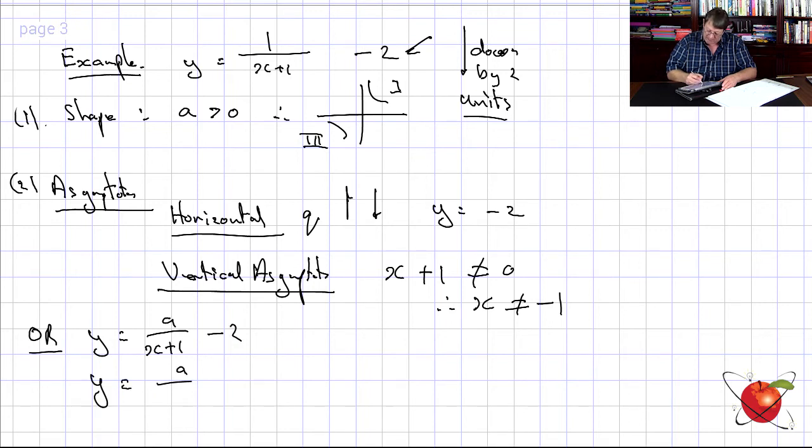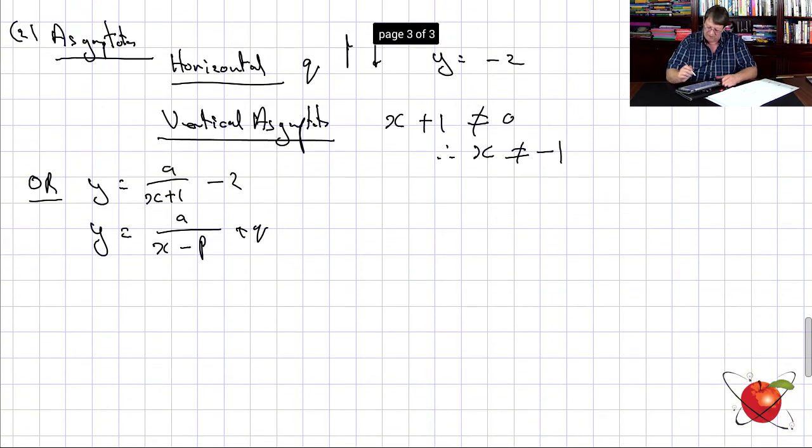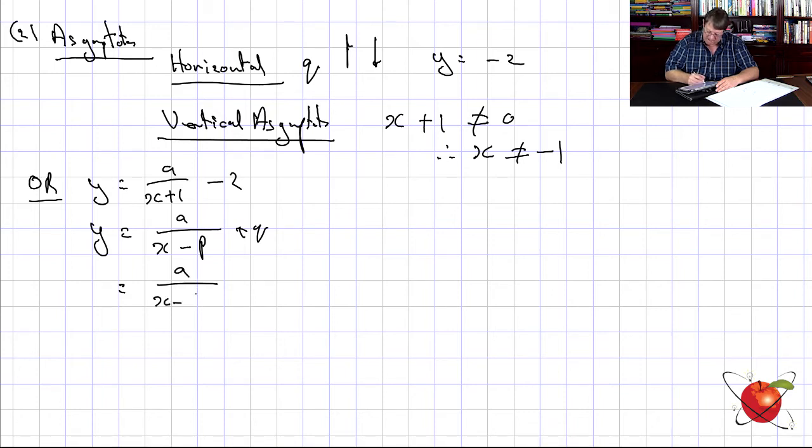Standard form, y is equal to a over x minus p plus q. This is the way that I prefer it, but it's up to you. y is equal to a over x minus minus 1 plus minus 2. All right? Minus 2. Therefore, you can see that the asymptote is at minus 1.